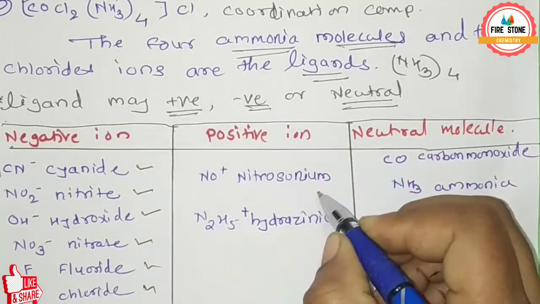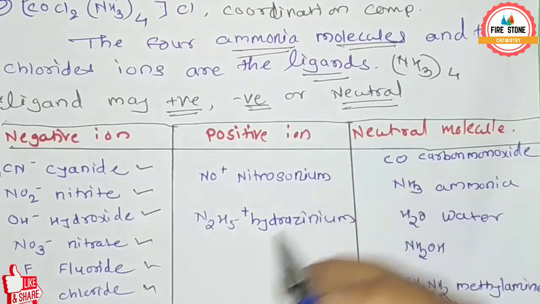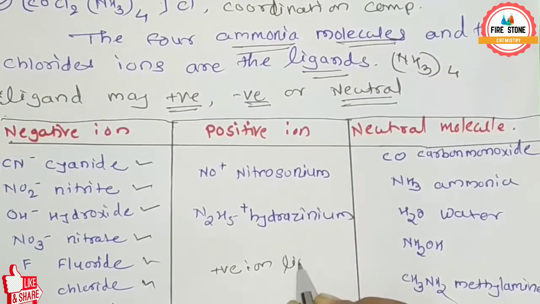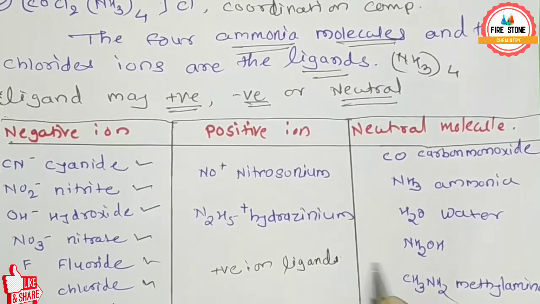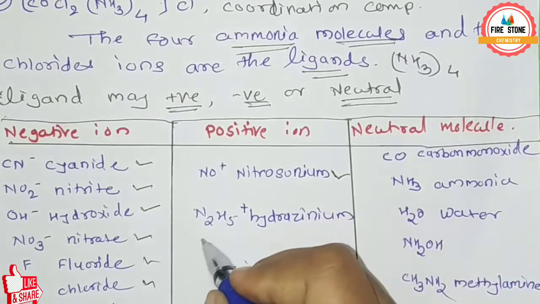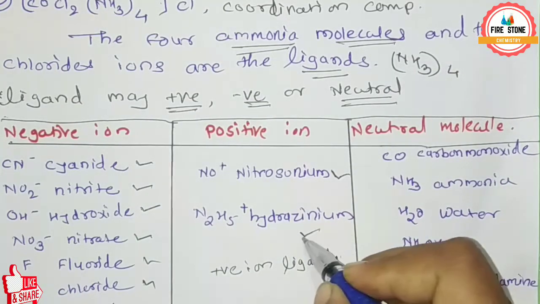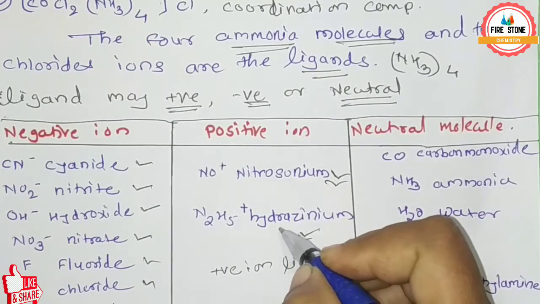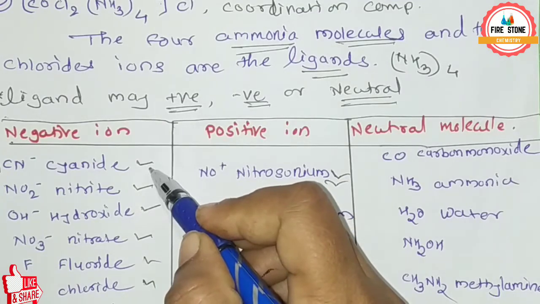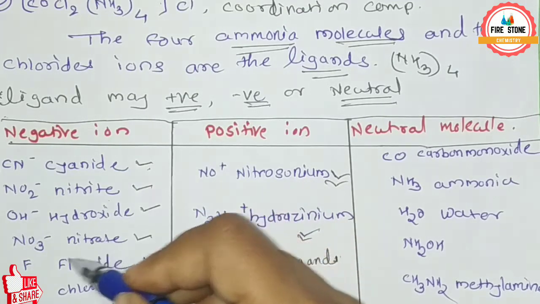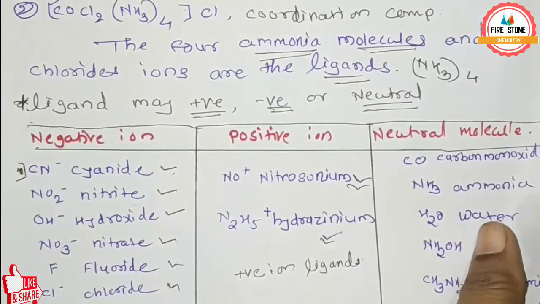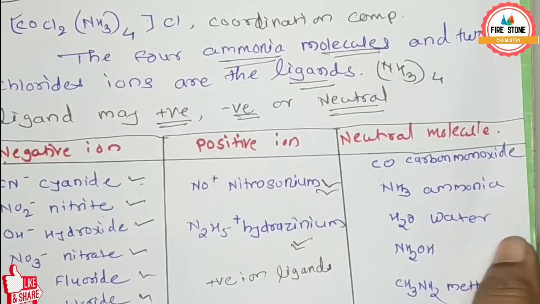Again, positive ion ligands are NO plus, nitrosonium, and N2H5 plus, hydrazinium. So these are the positive ion ligands. These are the negative ion ligands: CN minus, NO2 minus, OH minus, NO3 minus, F minus, Cl minus and Br minus.